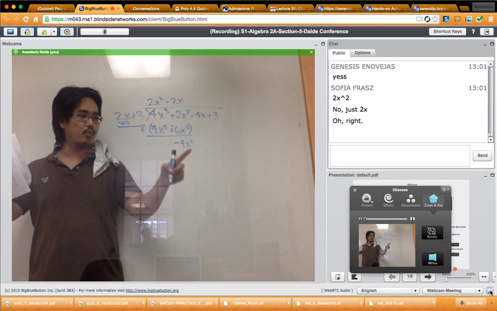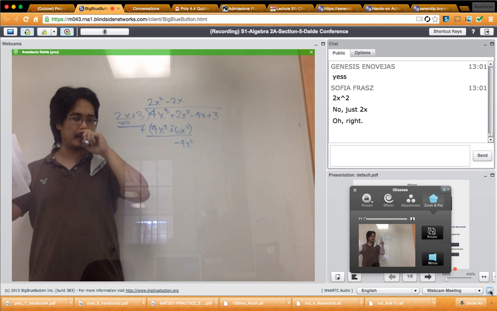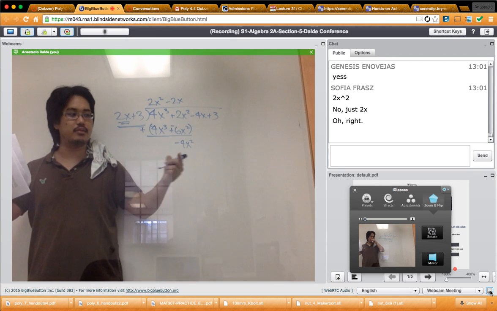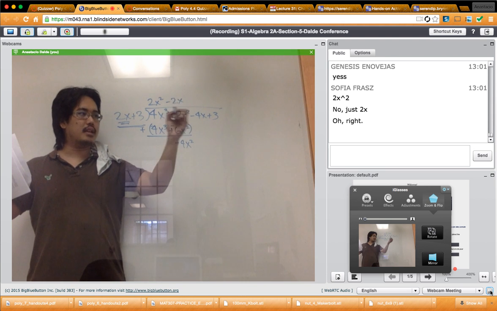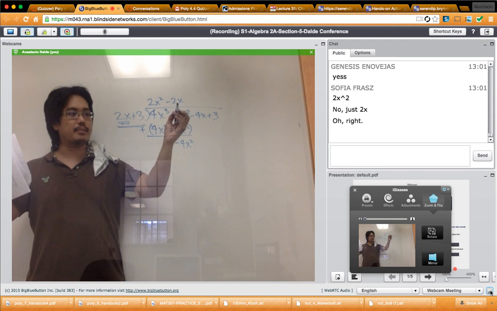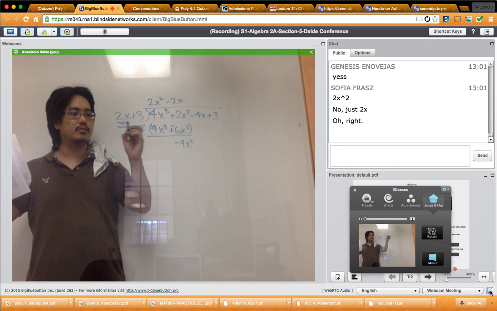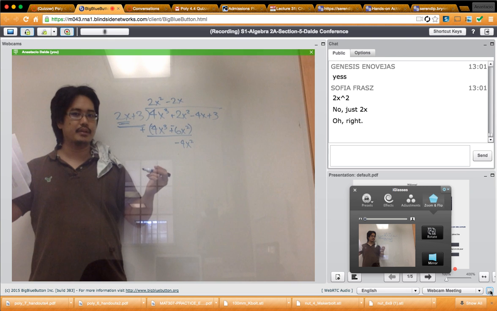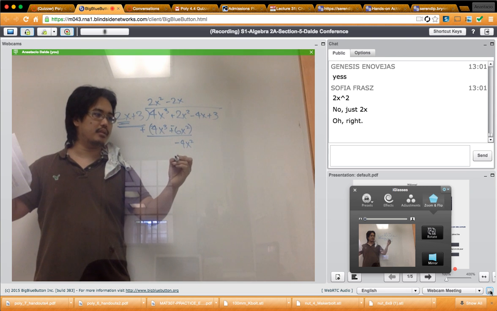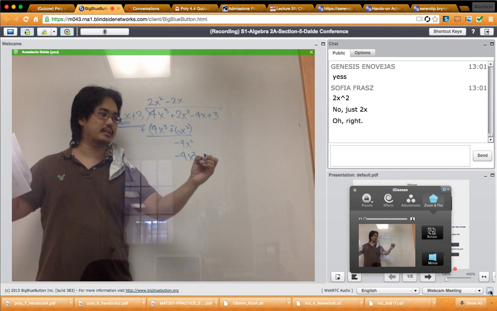So I need at least one x, that's why I have one x, and I need a negative 2 because 2 times negative 2 gives me negative 4. All right, now I'm going to take this negative 2 and multiply him into this thing right here. So then we go negative 4x squared minus 6x.